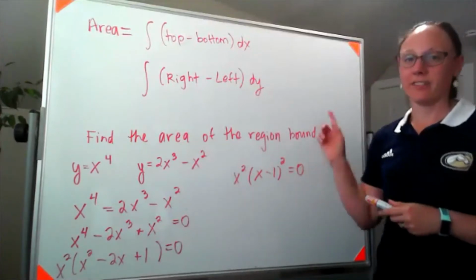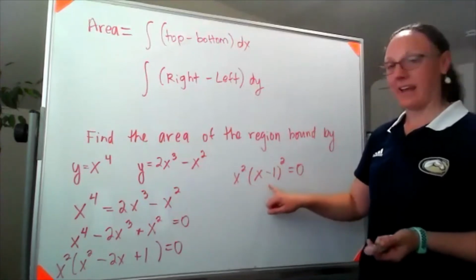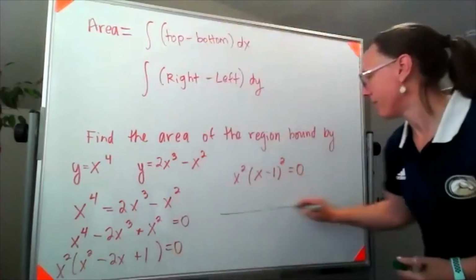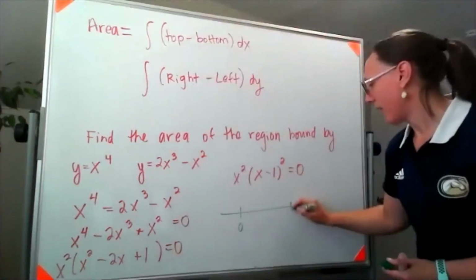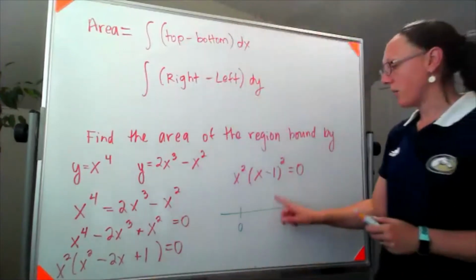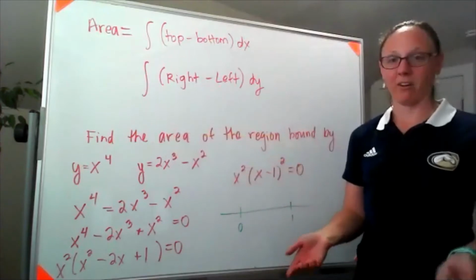So I know that these two graphs intersect at two x values, at 0 and at 1. So if I think about 0 and 1, I just need to know, for some number in between here, which of these is bigger.